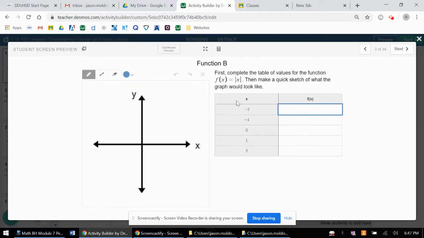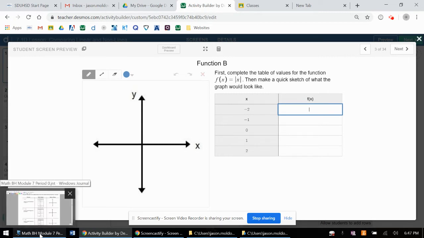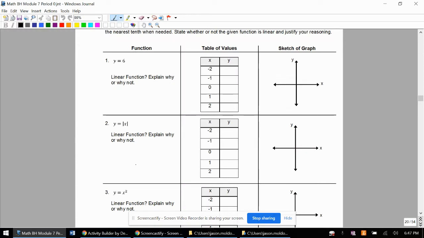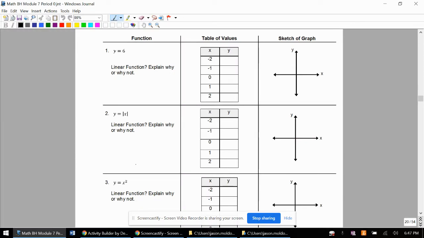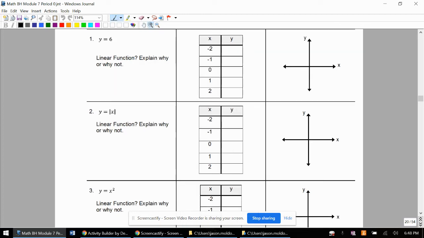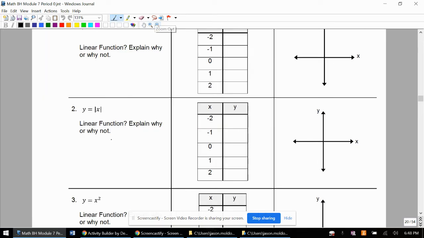So what you're going to do, they give you some input values. You're going to plug it into this function, which is an absolute value function, absolute value of -2. So if we were doing this by hand and plugging this in, I'm going to toggle over here for a second to this version. I would take y equals absolute value of -2 is 2.